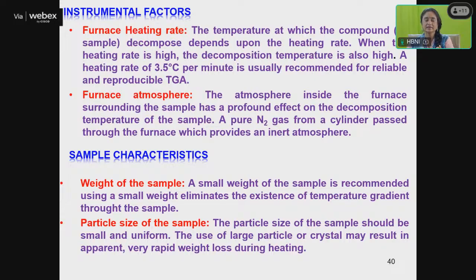Now regarding the instrumental factor, if you want to elaborate a bit, the temperature at which the compound or sample decomposes depends upon the heating rate. If you heat it very fast, then you would not be able to get a proper peak, because there is some mass loss, the balance is getting unbalanced from the null position, some restoring force acts to balance it, and depending on how much the restoring force is, it calculates the mass.